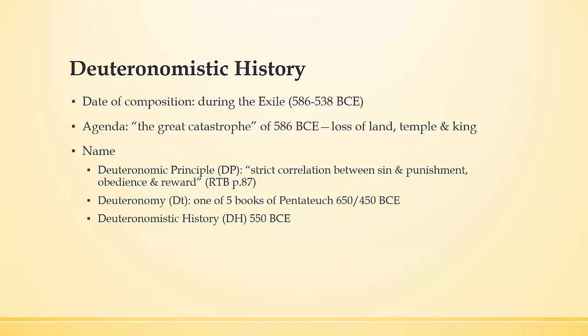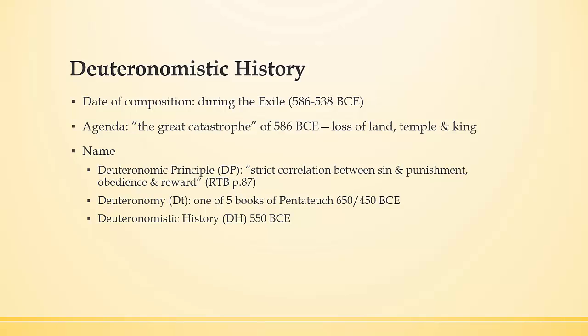Why did this happen? How did this happen? The Deuteronomistic historians in RTB, page 89, are convinced that the reasons for this great catastrophe are not mere chance or the failure of God, but the failure of the people of Israel.